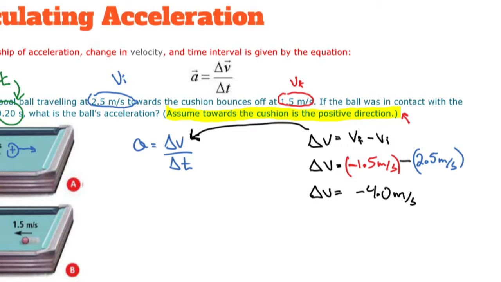All right, so we have this acceleration which we're trying to find. Our change in velocity is now negative 4 meters per second. And we're going to divide that by our time, which was 0.2 seconds.